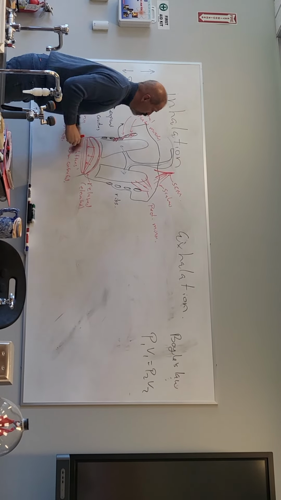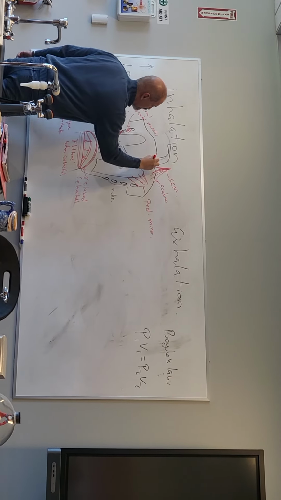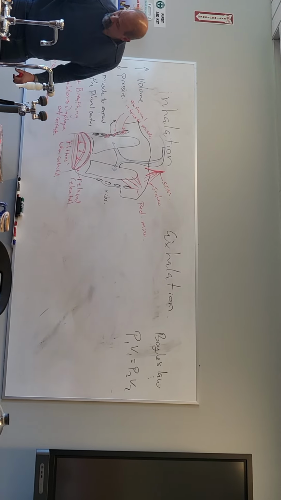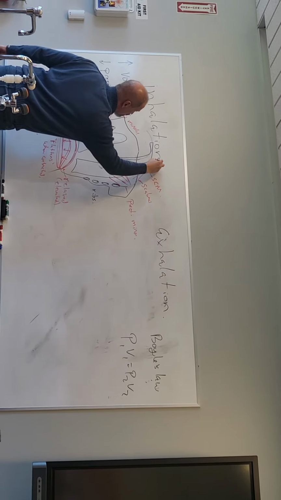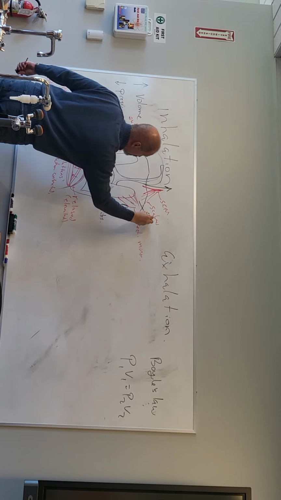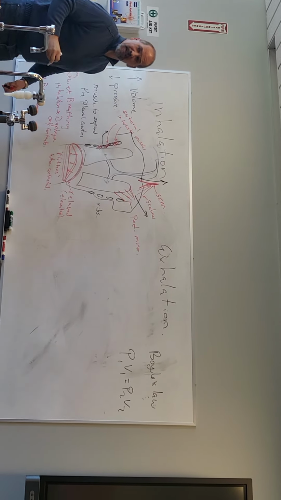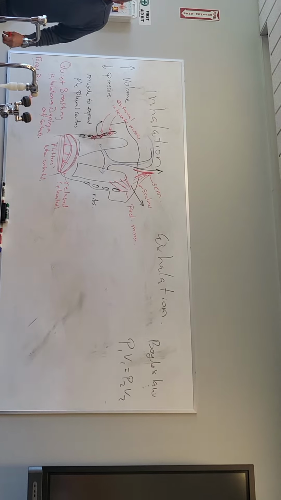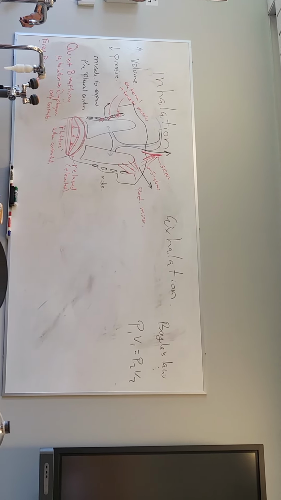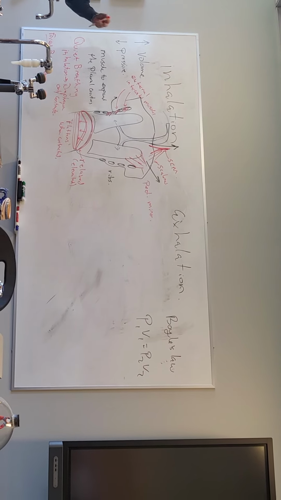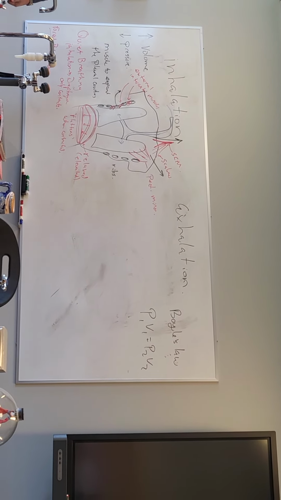Okay. When all of those contract, they lift the ribs up and away. Okay. So now you're lifting the chest up and this way, and you're dropping the floor, and you're pulling the ribs out. All of those are going to expand the thorax.